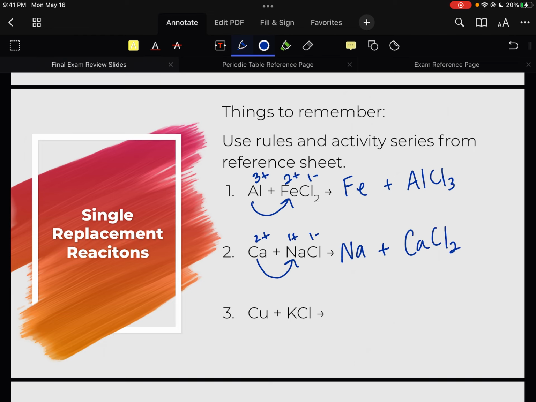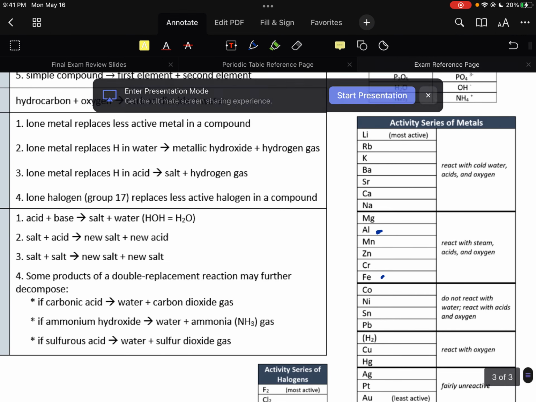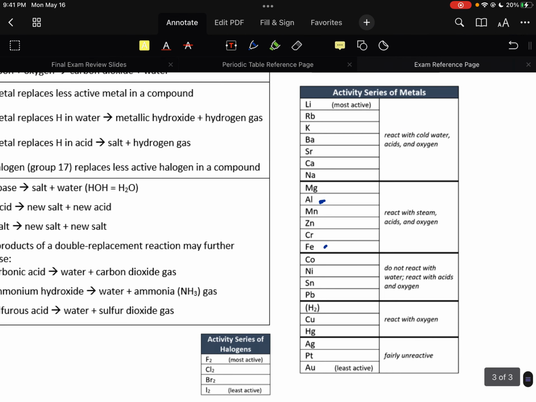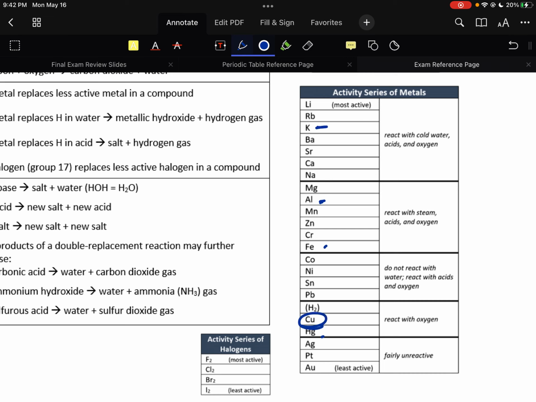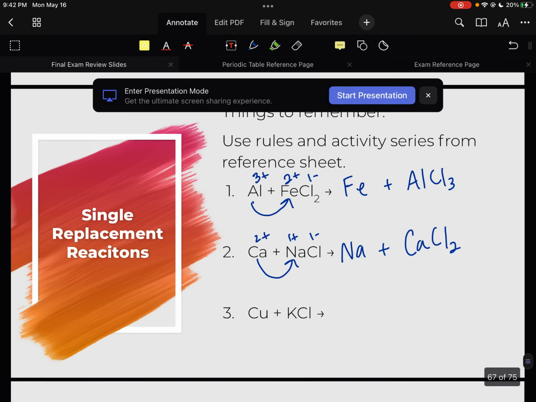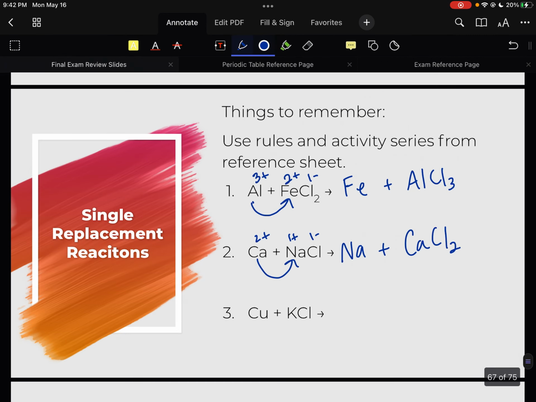And again, I just crisscrossed my charges for that. For number 3, copper is trying to replace potassium, but I can look here and see that copper is way down here, and potassium is way up here. So this reaction will not take place. So I will just say no reaction.